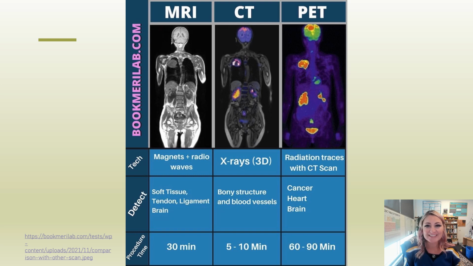All right, this last image just kind of shows the differences between MRI scans, CT scans, and PET scans in terms of what your doctor or your radiologist is going to see.